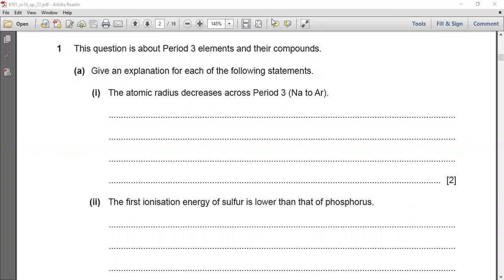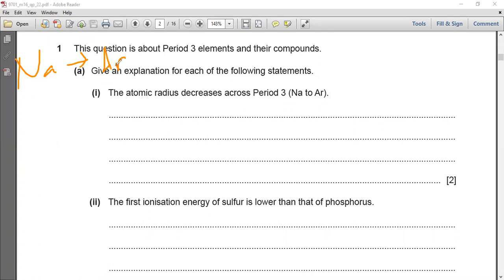As you can see on the screen, we have a question regarding period 3. Period 3 is from sodium all the way to argon.